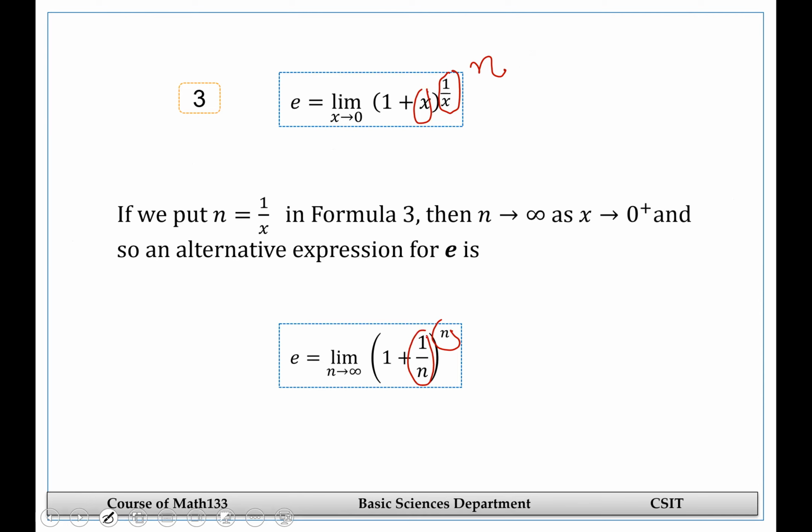So it's a limit when n approaches infinity, because x approaching 0 gives that n approaches infinity. So that's another way of writing the number e.